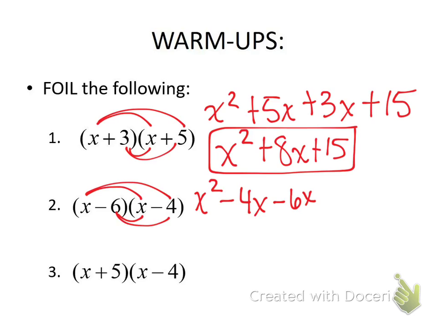And negative 6 times negative 4 is a positive 24. What combines on this one? Good. The x's combine again, but they are both negative. So what do we get when we combine them? A negative 10x. So x squared minus 10x plus 24.